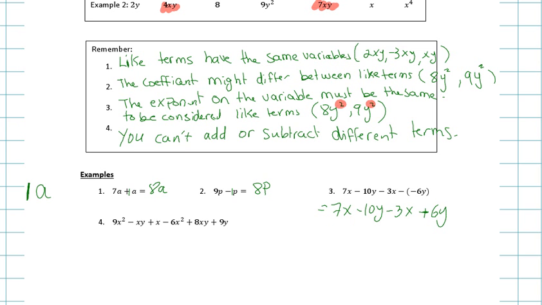What does that give me? 4x. 7 taking away 3. You always have to do the like terms. This is the only way you can simplify. You can only add apples together and oranges together. You can't add everything together.